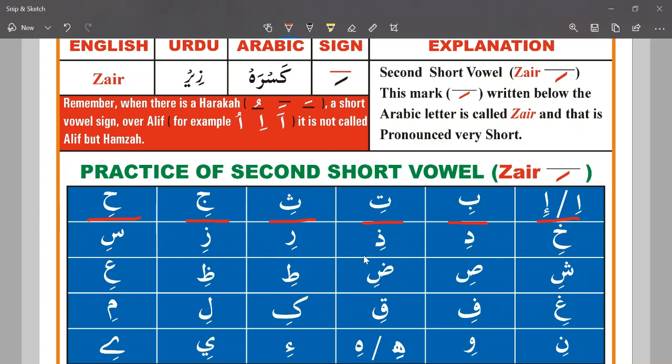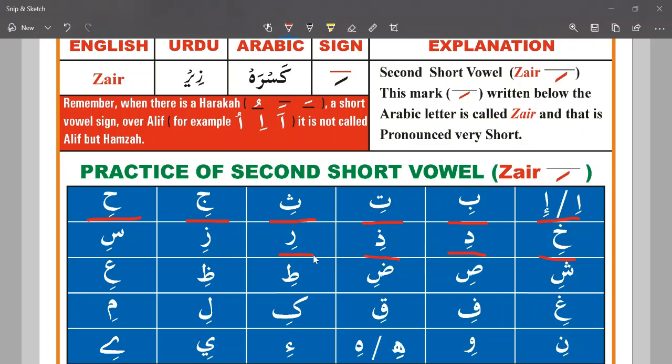Now you can see the sound of the letter adding the sound of E with every letter: i, bi, ti, thi, ji, and so on. Okay, the next one.